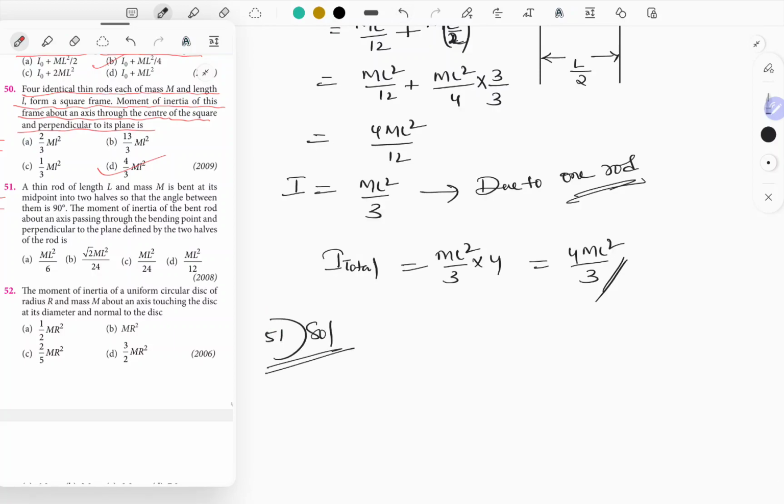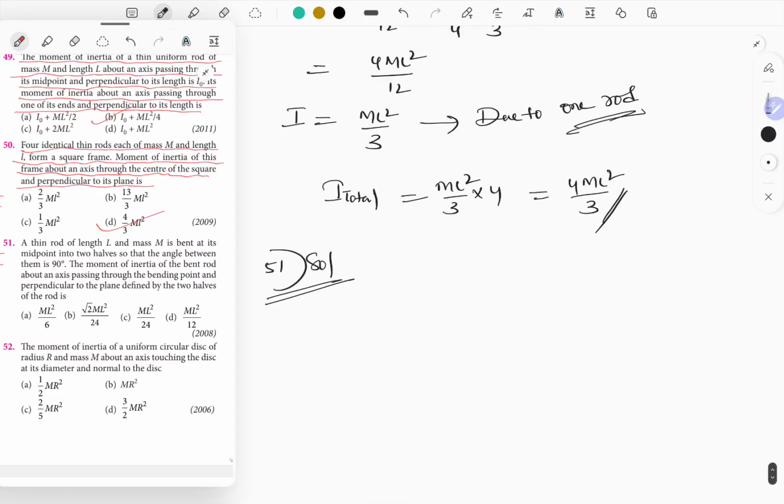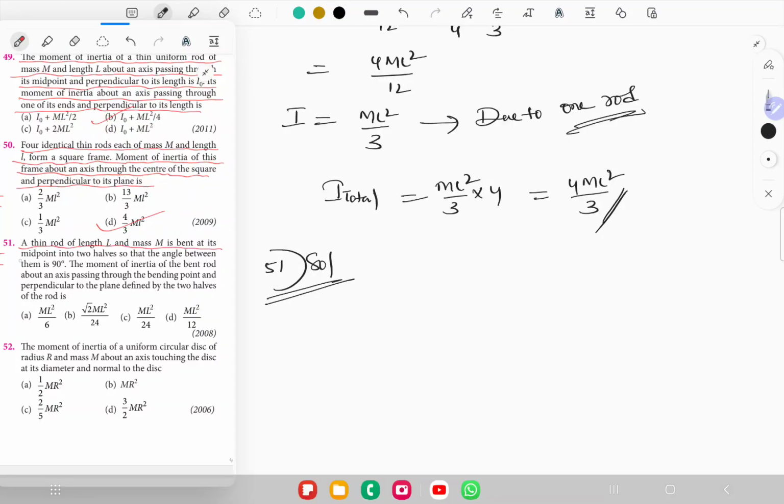Go through each and every step. Then only it is very easy for you to understand. A thin rod of length L and mass capital M is bent at its midpoint into two halves so that the angle between them is 90 degrees.